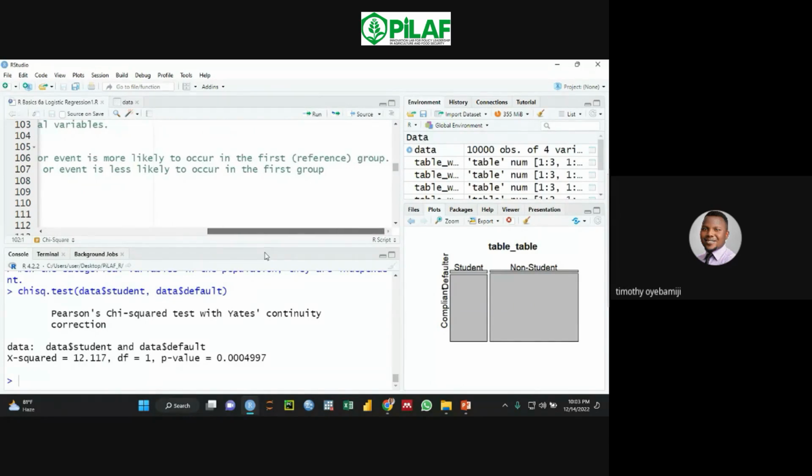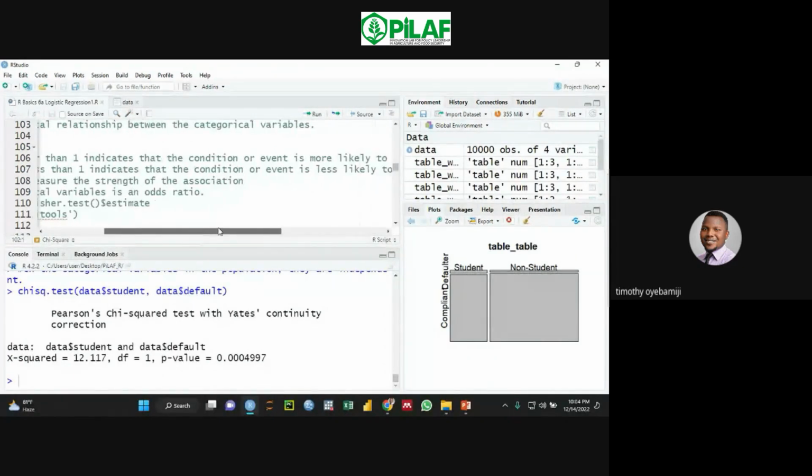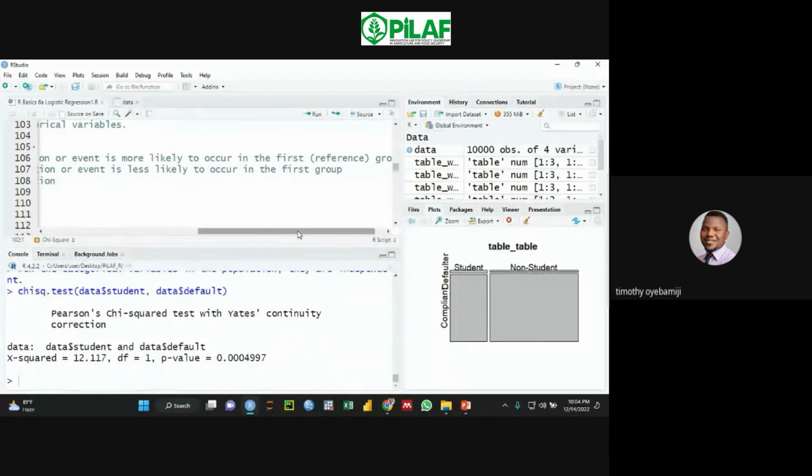That's the reference group. When we're talking about the first group here, we're talking about students. In the data, we have students and non-students, and we have made students come first, then the non-students second. So the first is always the reference point. So when we have an odds ratio greater than 1, we are saying that the event of being a defaulting customer is more from the student group than the non-student group.